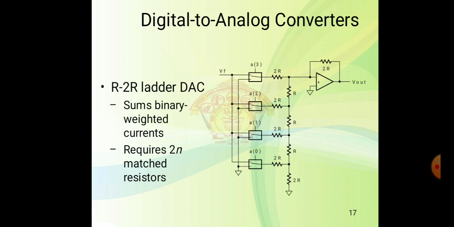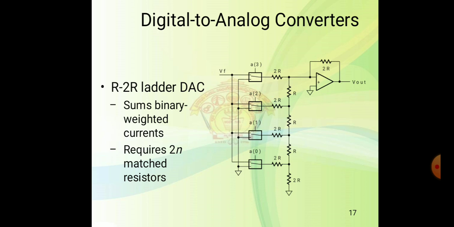One way of doing this is as shown in the figure. It consists of an R2R ladder network, with 2R resistances and R resistances. This ladder is connected to a switch.